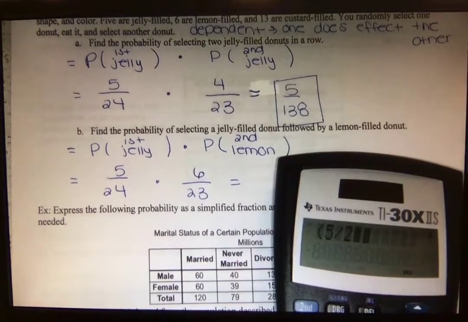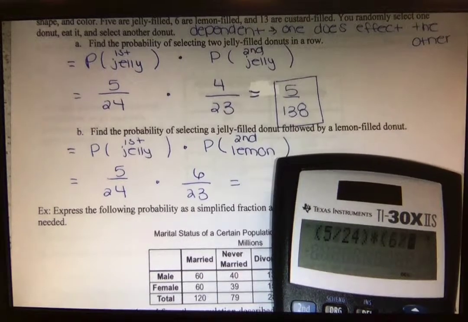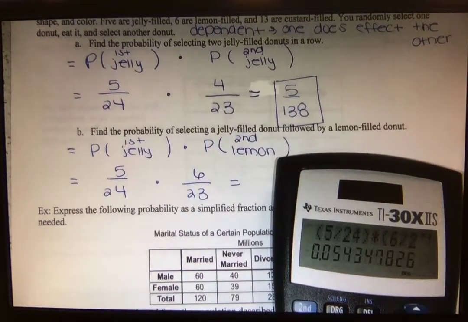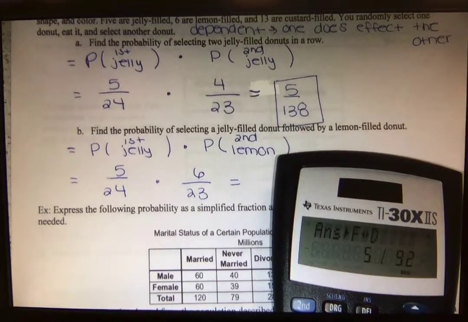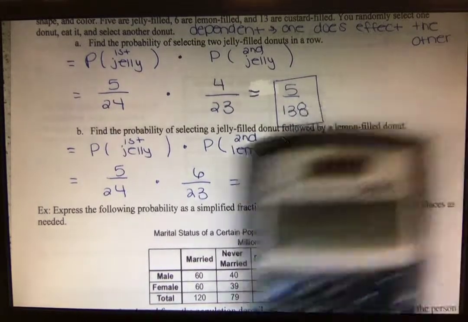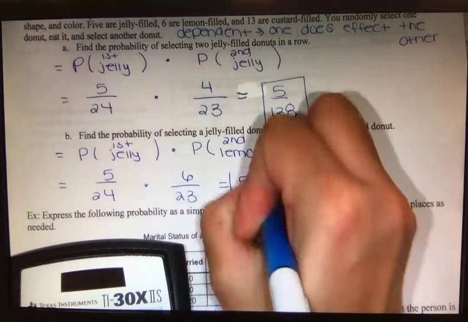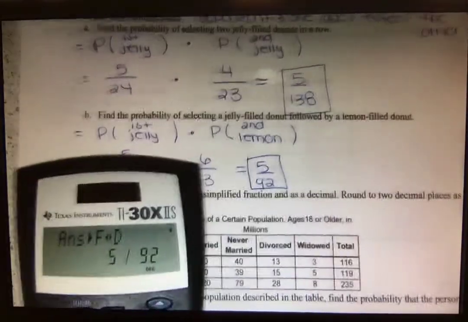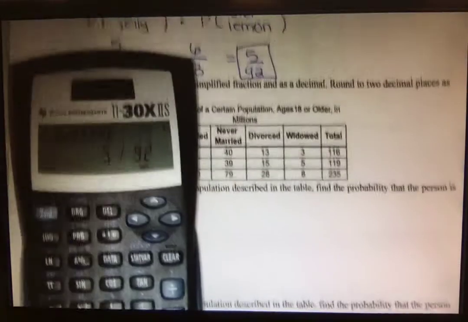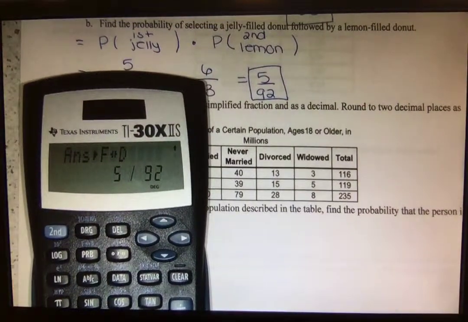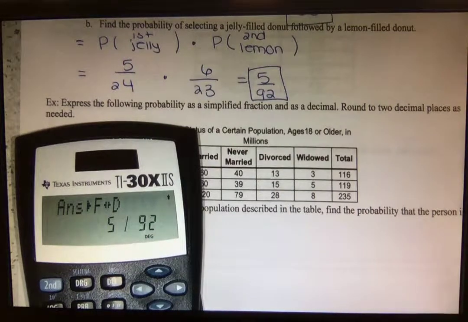So 5 out of 24 times 6 out of 23 in a fraction will give us 5 out of 92 as our final answer.